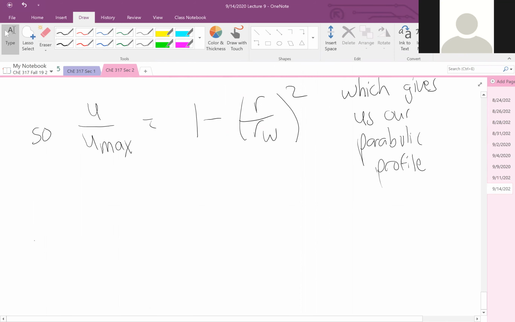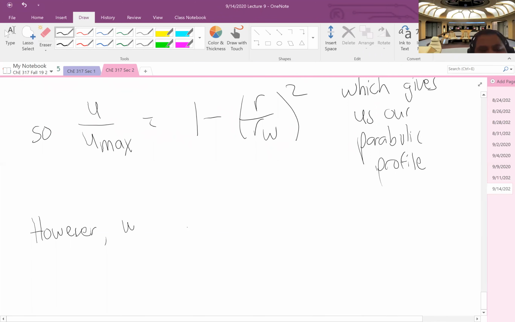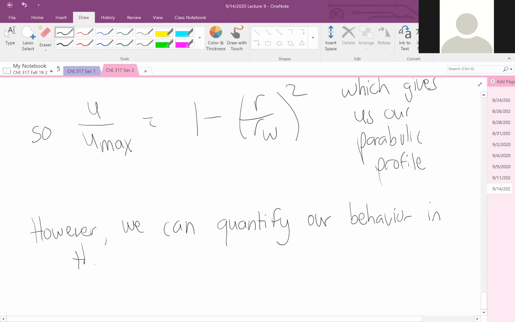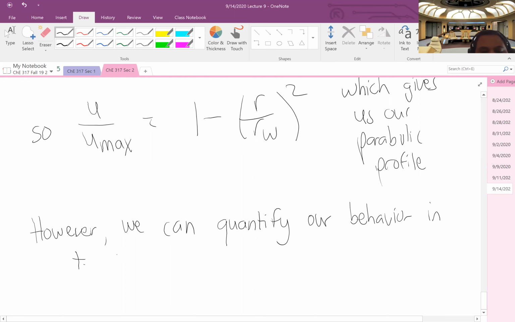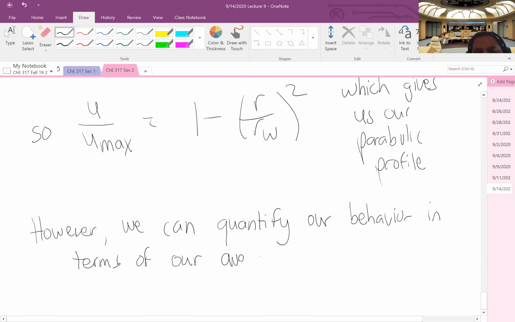However, we can quantify our behavior in terms of our average velocity or mean velocity. I've stated previously that more often than not, we consider the average and mean to describe the general behavior that we see.